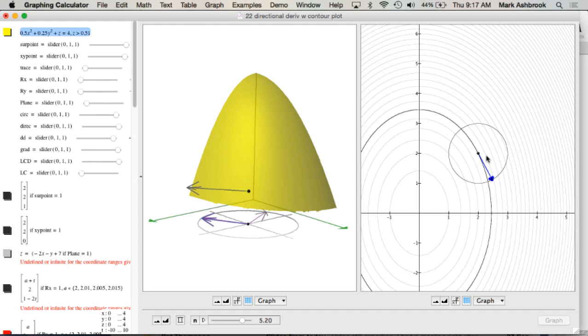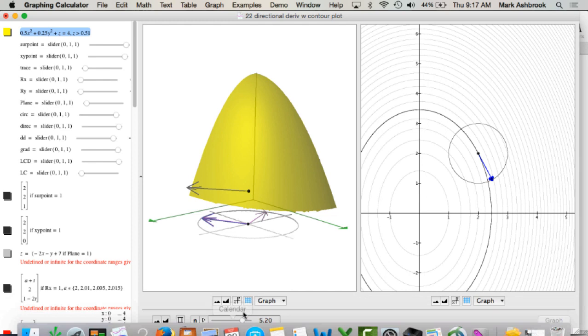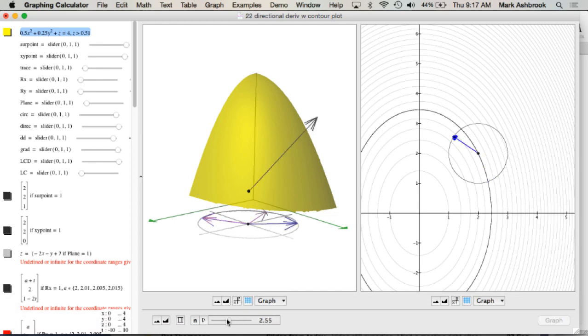So we really want that vector to be tangent to the contour line. And we've got two ways to do that, right? You can walk around the mountain this way and stay at the same level, or you can walk around the mountain this way and stay at the same level. And so we see it there on the right.